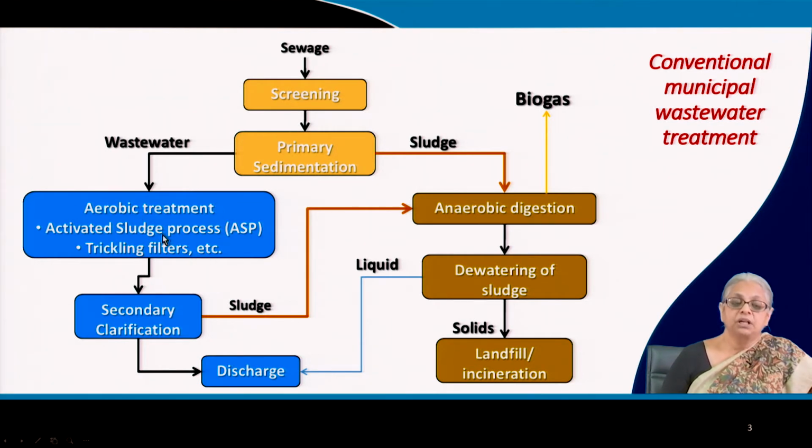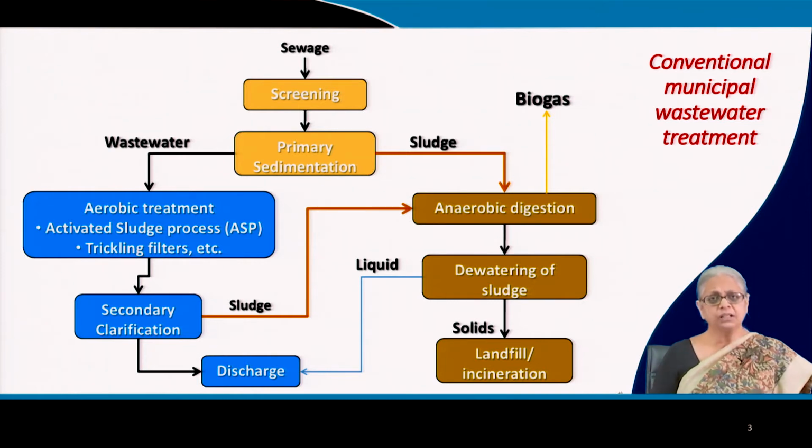At this point, we are giving it what is called aerobic treatment. The most common form of aerobic treatment is the activated sludge process, and many treatment plants used to use trickling filters and rotating biological contactors.